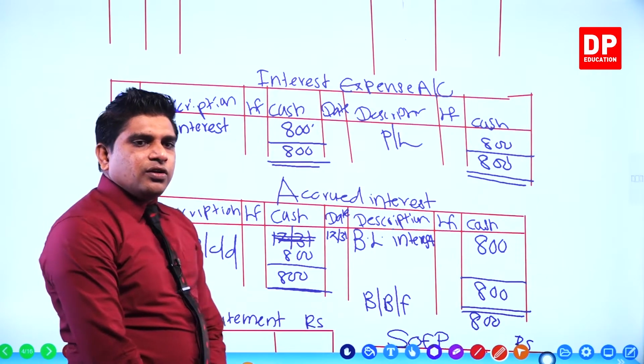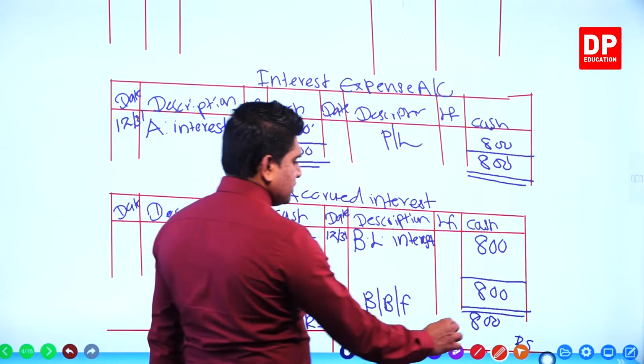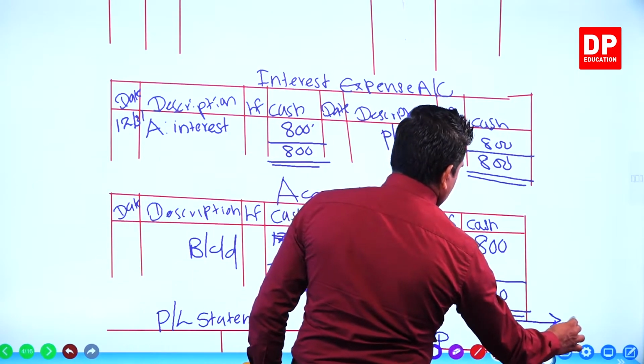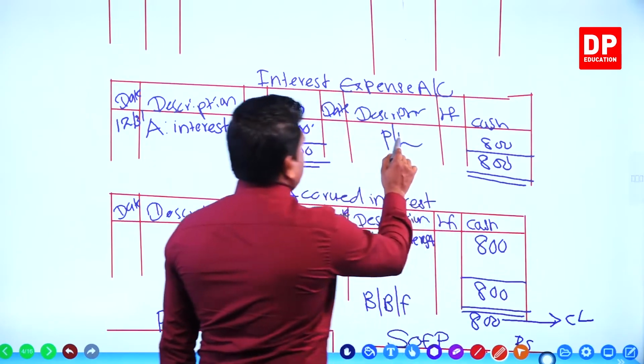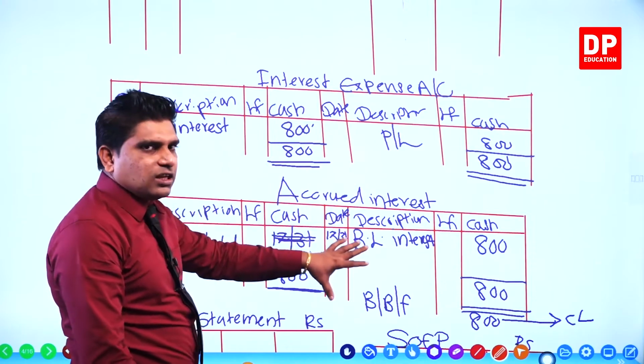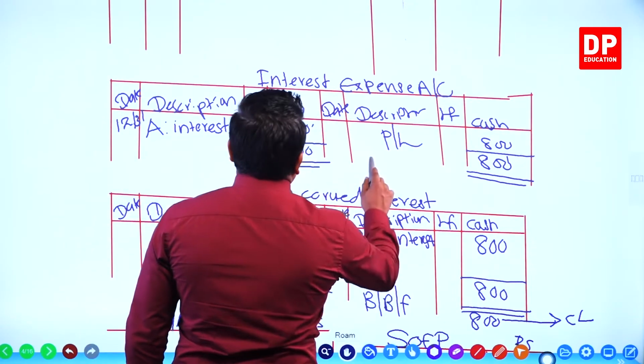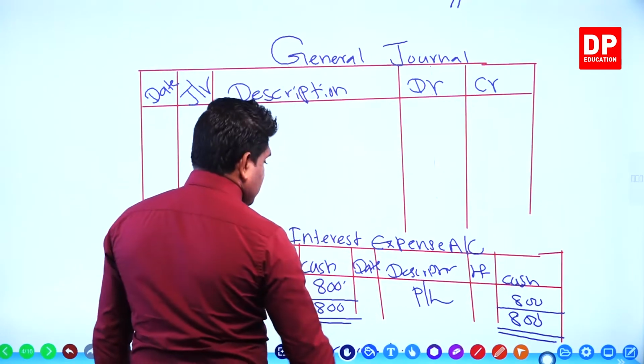Right? Where do we record this one? Under the current liability. Current liability. This one I named now, profit and loss. We bring those details later, but first we have to enter the details in the general journal. Then how do you record them in the general journal?